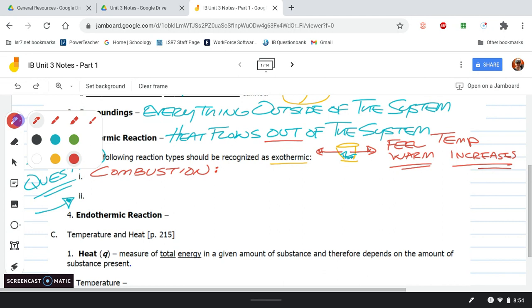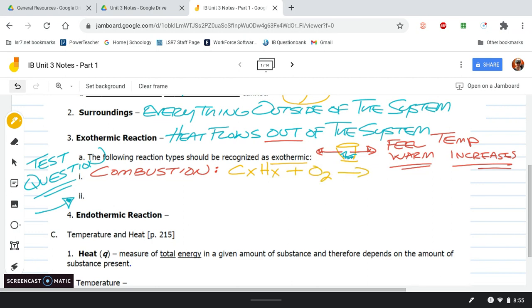That's going to mean something moving forward, because if you don't know that it's combustion, you could get the problem wrong because you may not have the right sign. We spend a lot of time with signs in this particular unit. So combustion, number one, got to remember that one.